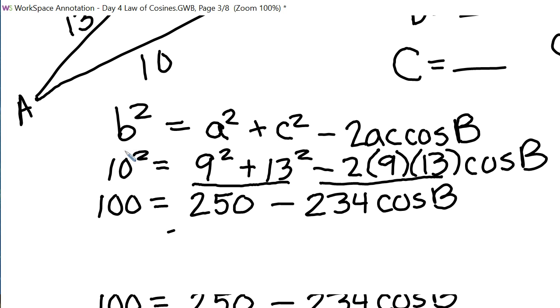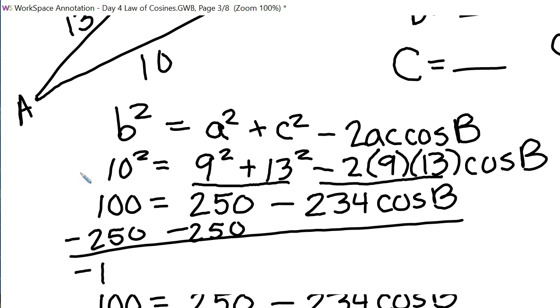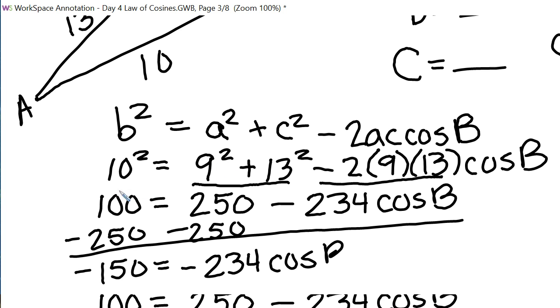Subtract 250 from both sides. 100 minus 250 would be negative 150 equals negative 234 cosine of angle B. Divide both sides by negative 234. Negative divided by negative becomes positive, 150 over 234.